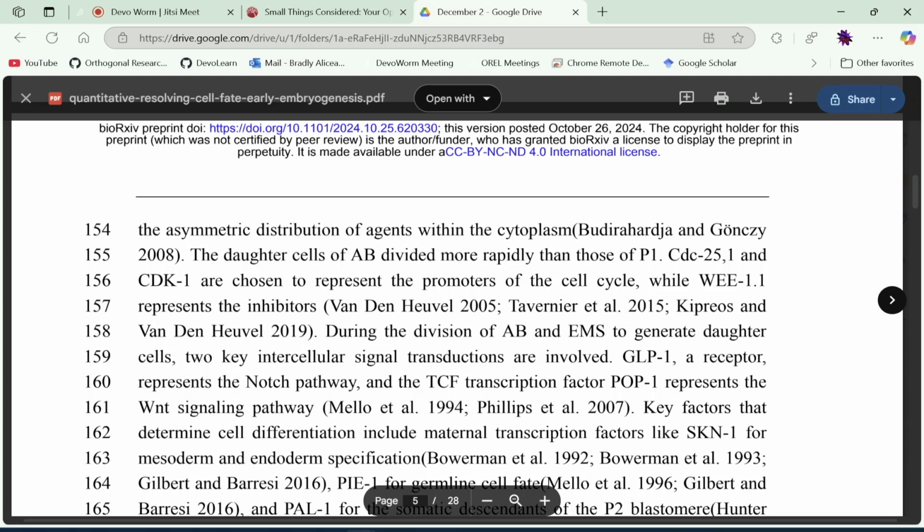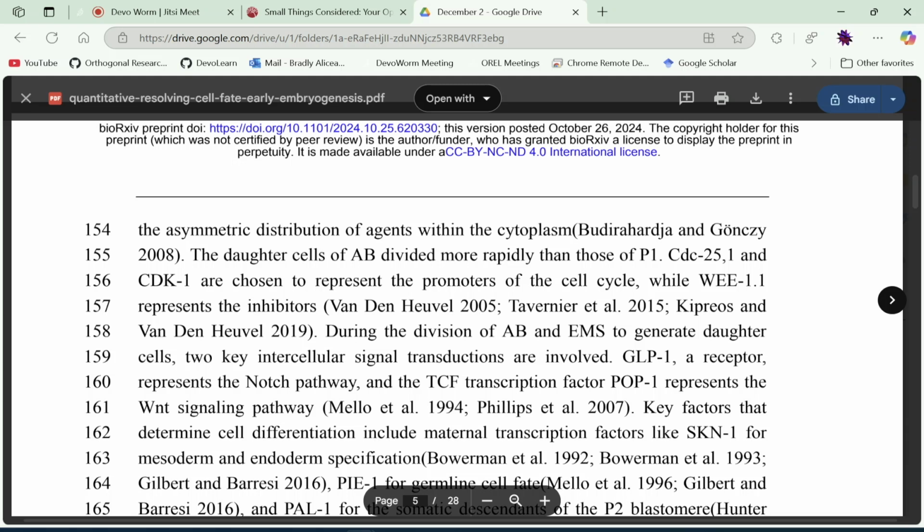So basically, you can explain that polarity through these different activities in the transcriptome, leading to the production of proteins. In this case, AB, which is the anterior end, is favored over the posterior end, P1, at least in terms of cell division, and that's how the asymmetry is being produced.